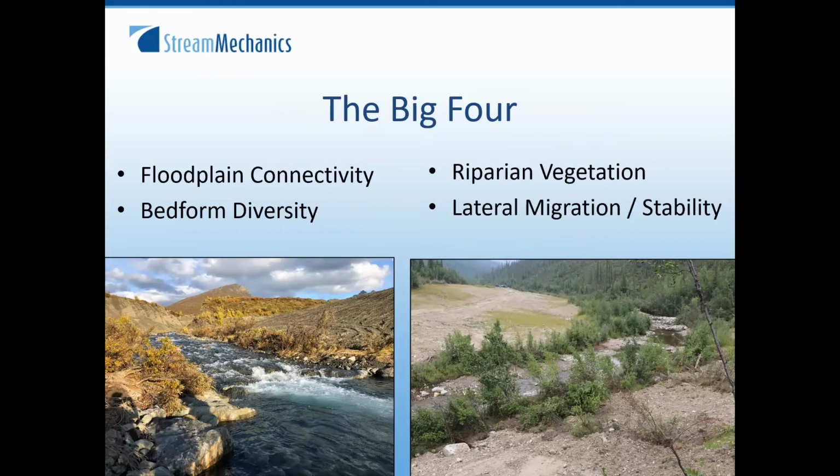So these two pictures are of stream reclamation projects in the Alaska interior, and you can kind of see these four parameters at work. I will note that both of these pictures are in confined valleys, actually colluvial valleys, so you don't have wide floodplains here.